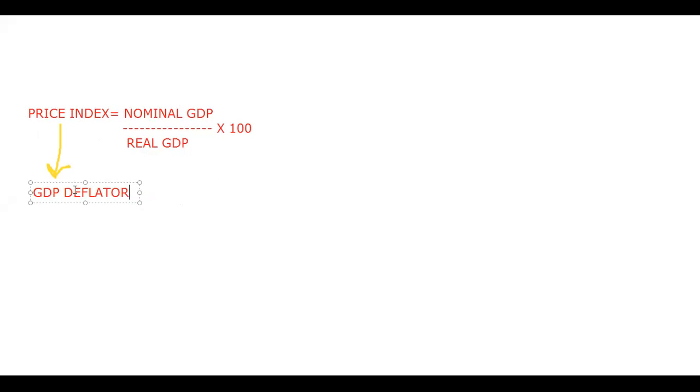Now suppose we have to compute the GDP deflator. Nominal GDP is given in the question. Real GDP is given in the question. Now what is this 100? Please tell me. This 100 is actually the base year price, which we are assuming to be 100 only. All right. I hope this is clear to all.